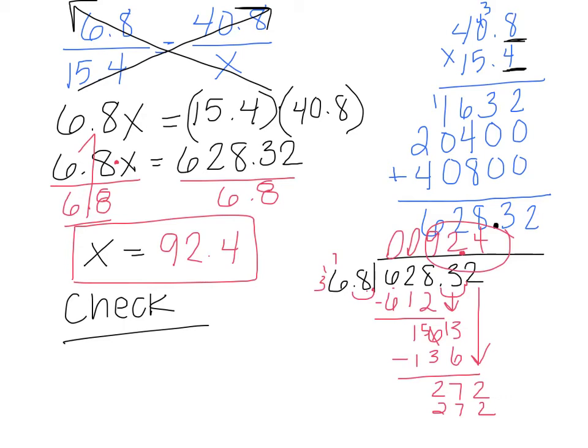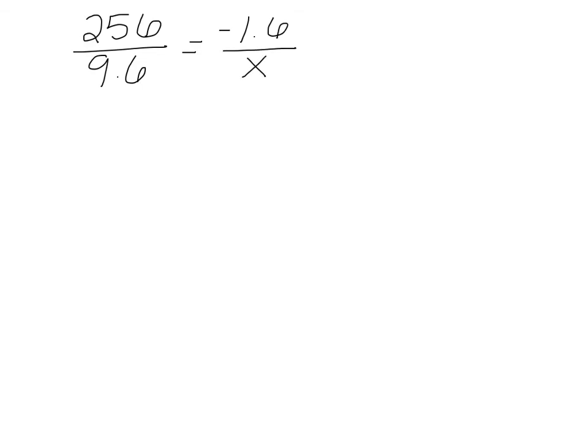Okay, I'm going to show you one that gets a little bit harder. We do have to work with integers. Remember, integers are both positive and negative numbers. So we could have something like 256 divided by 9.6 is equal to negative 1.6 over x.